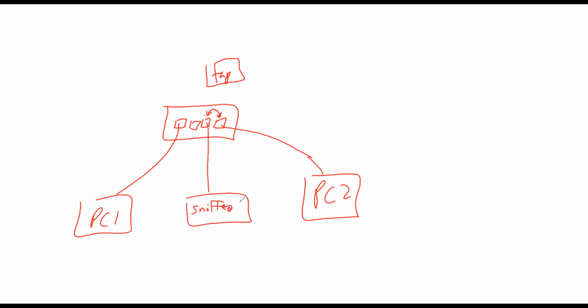That way, whenever PC1 sends a packet destined for PC2, any traffic that goes through here through a network tap gets mirrored into this, and so the sniffing machine can also take a look at it.